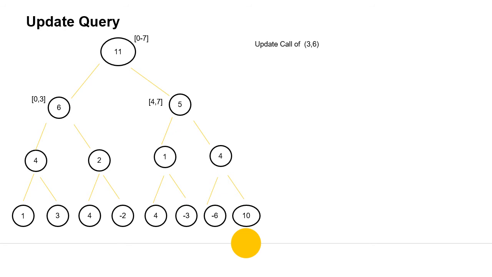Now let's look at the update query, and let's take an example. Take an example of 3, 6. What it means is we are going to change the element in the third index to 6. Let's index the elements here.